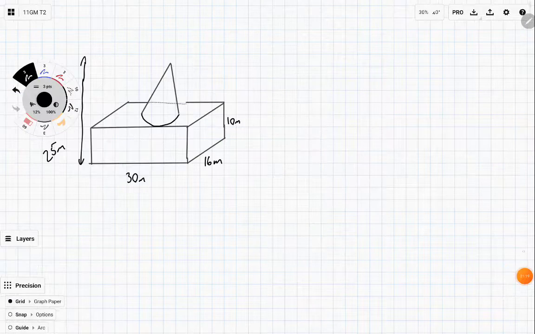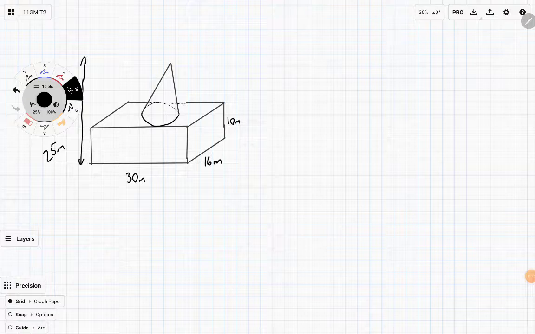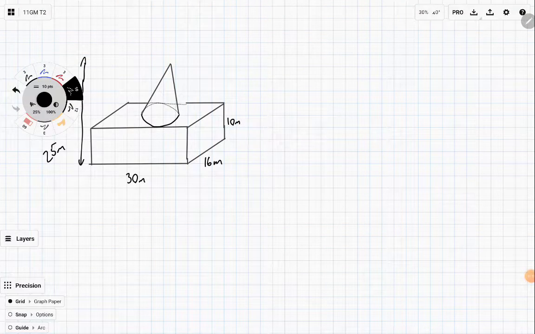Let's have a look at this slightly more interesting shape here. Now this shape here has basically a rectangular prism with a cone on top. But this causes us some issues on the top face. For the bottom bit, it's pretty straightforward. We're going to have one front, one right, then the back's going to be the same as the front, the left is going to be the same as the front, but the top and the bottom are actually different.